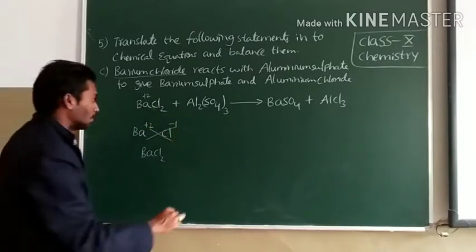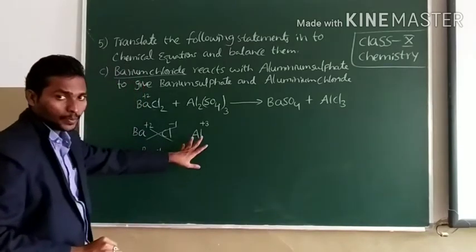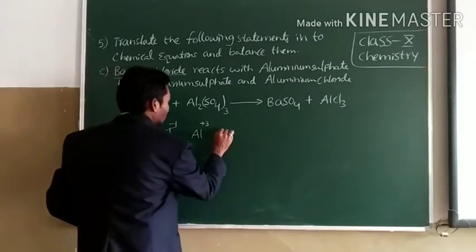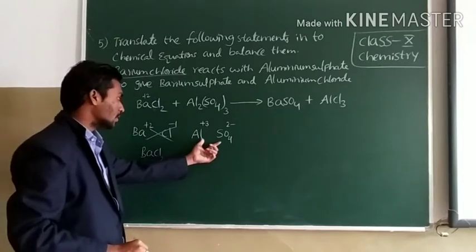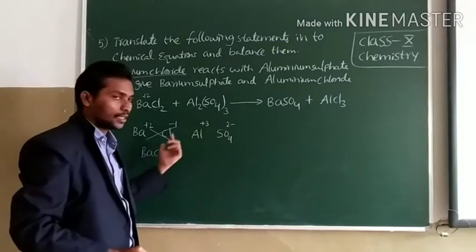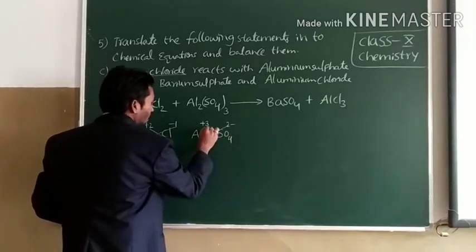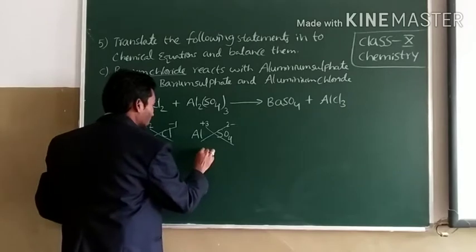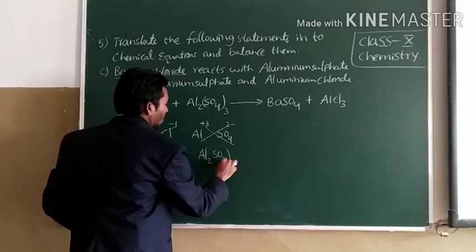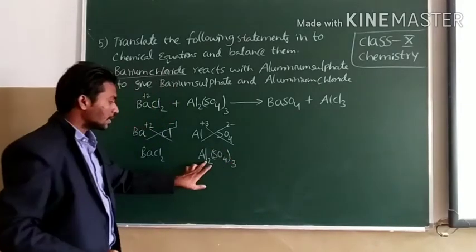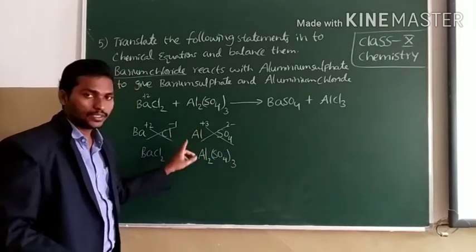Next, aluminum sulfate. Aluminum charge is +3 and sulfate ion is SO4 2-. Here the charges are not balanced, so we crisscross the charges. 2 comes here and 3 goes there. So we write Al2(SO4)3.